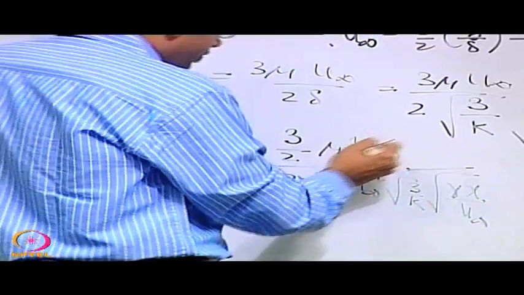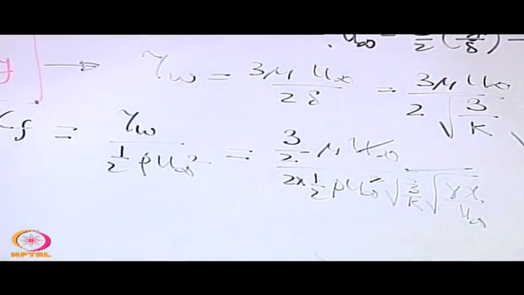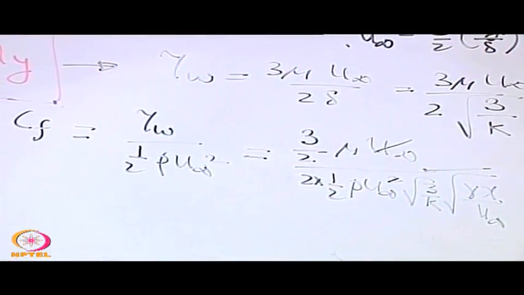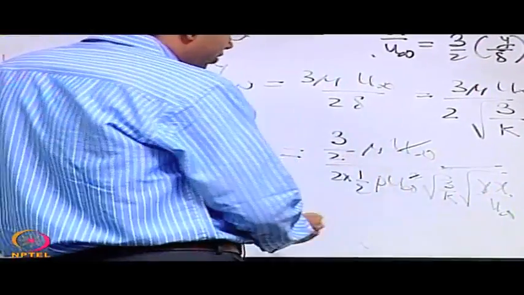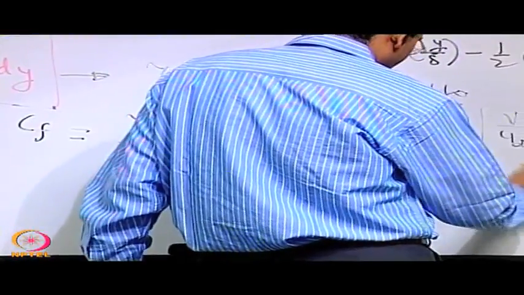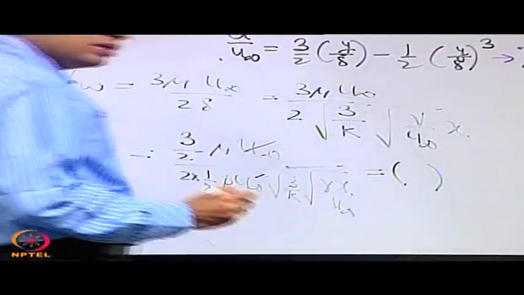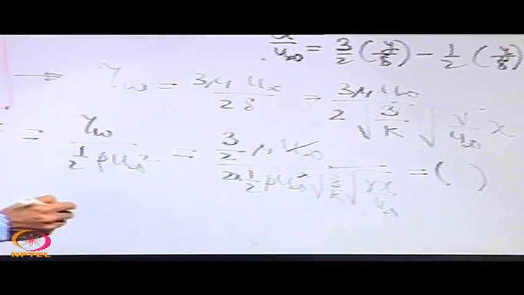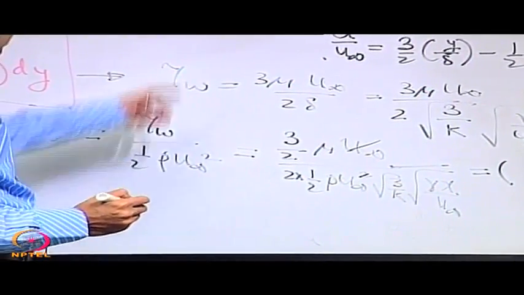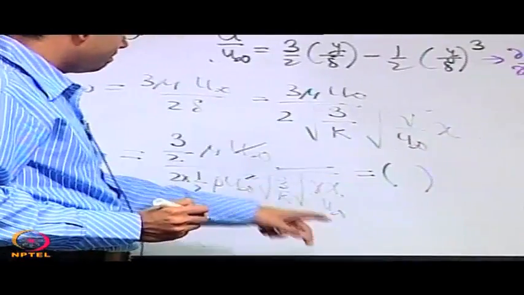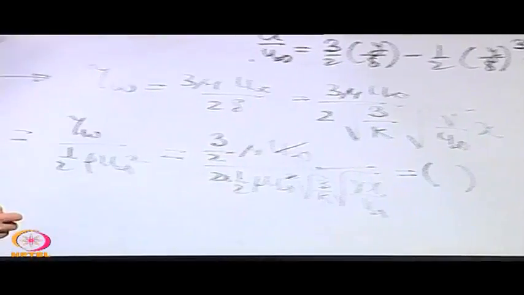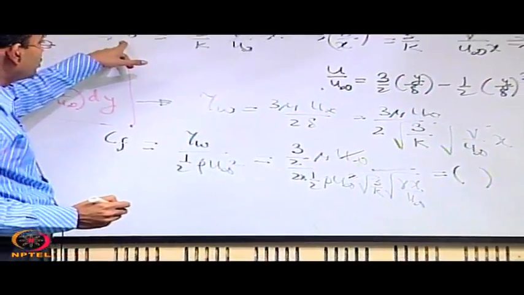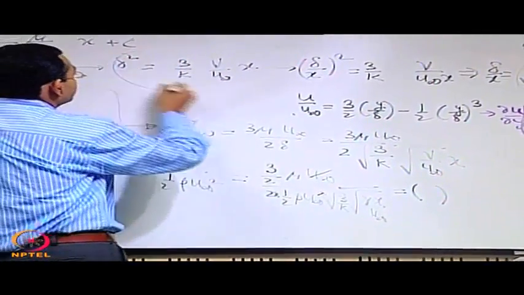So one of the u infinities gets cancelled, then you are left with one mu by rho, that means it is basically something into nu by u infinity.